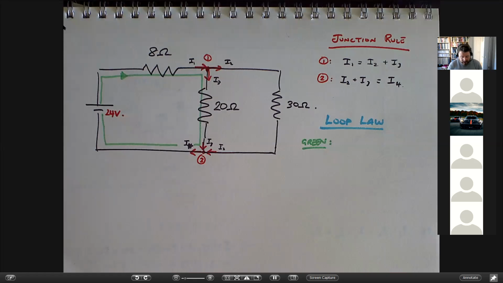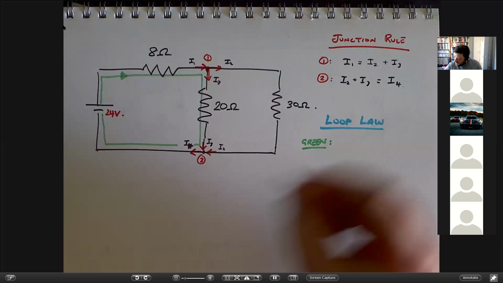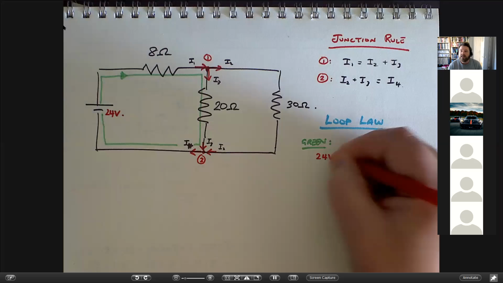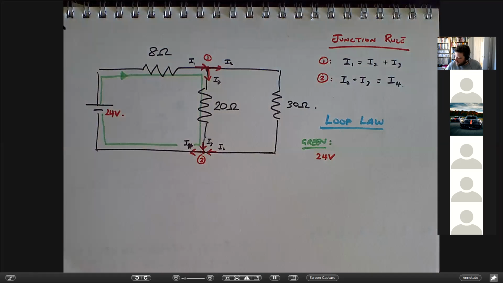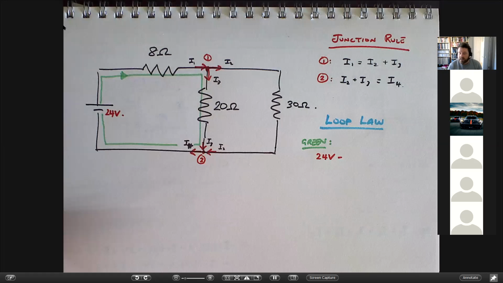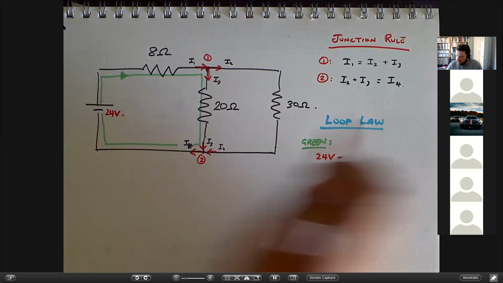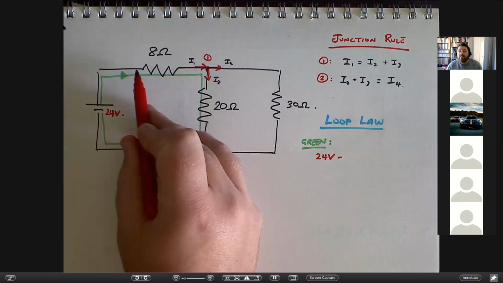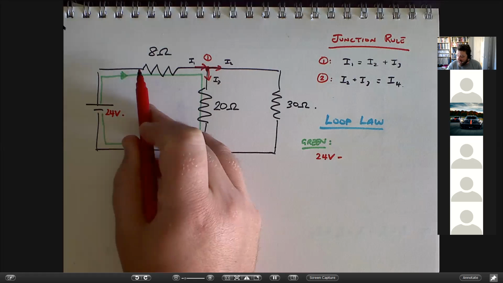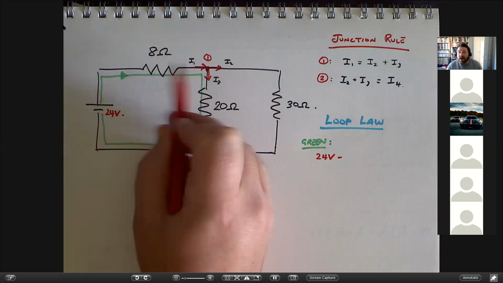So it's going to be positive 24 volts gets pumped into our loop. Then we're going to lose some voltage across this one here, and the amount of voltage we're going to lose is 8 ohms times I1.